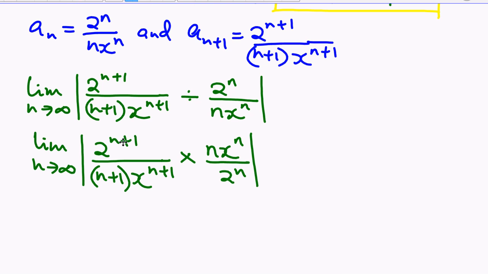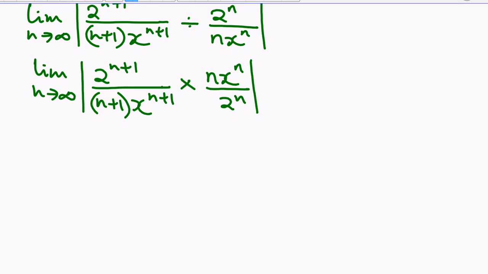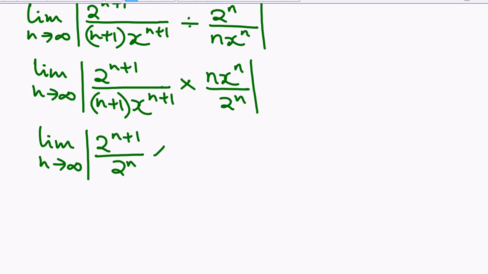Now what I'm going to do is to try and reorganize this expression by putting things that I can simplify together. So I'll end up with 2 to the power n plus 1 over 2 to the power n multiplied by n over n plus 1 multiplied by x to the power n over x to the power n plus 1.